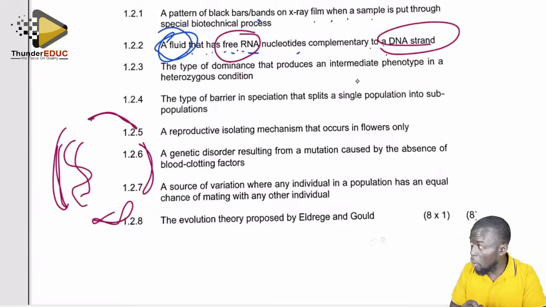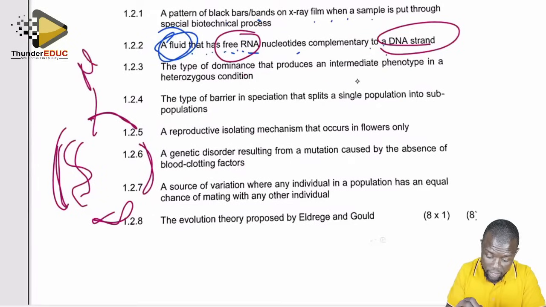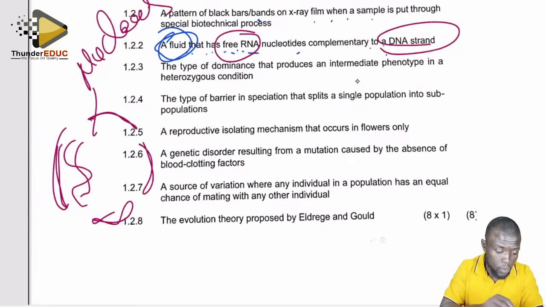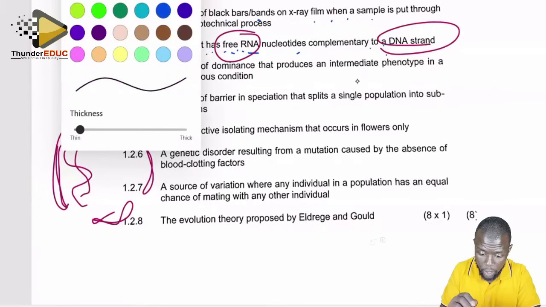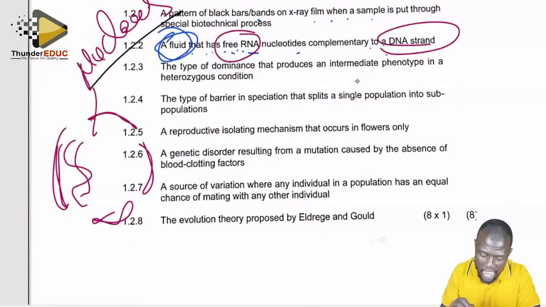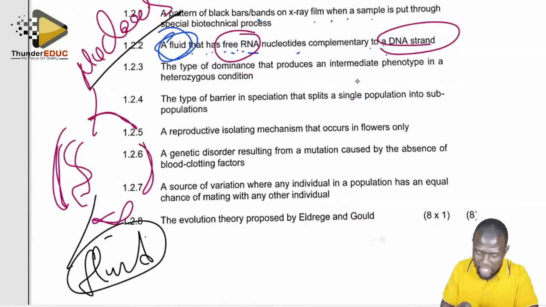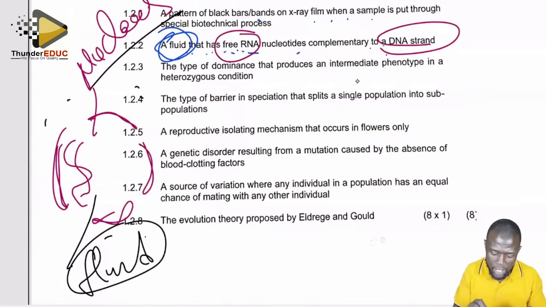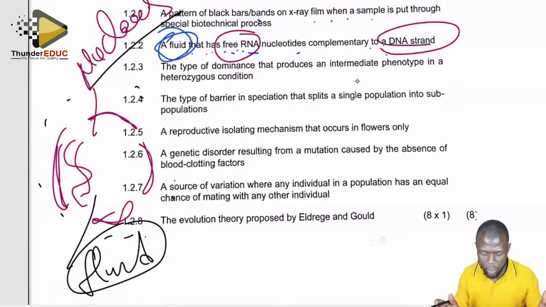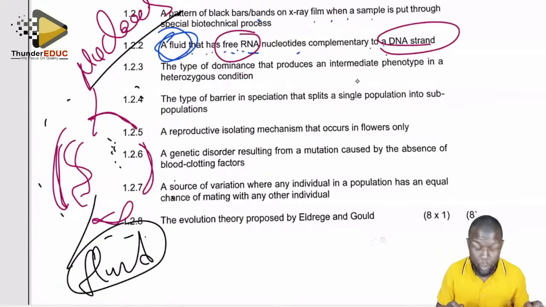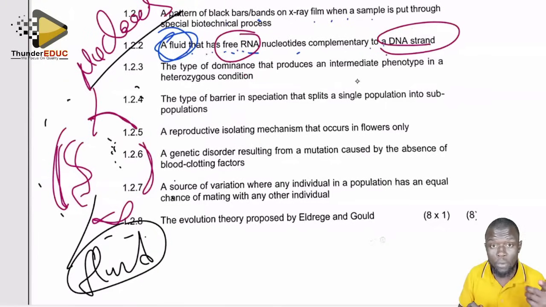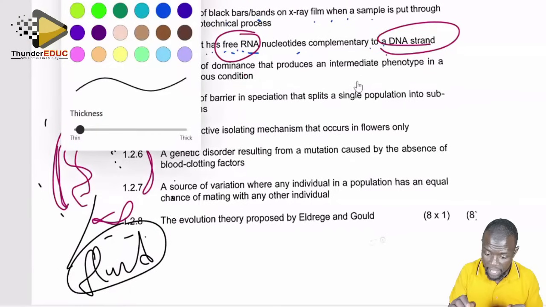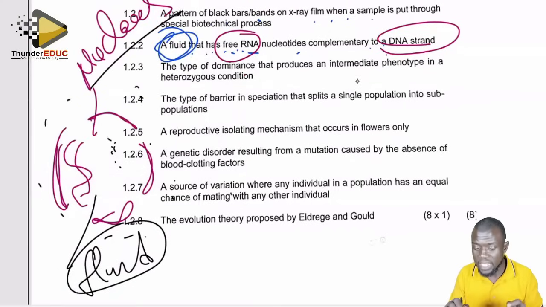So where is DNA found? DNA is found in the nucleus. So how do we call the fluid inside the nucleus? The one outside, we call cytoplasm, the fluid of the cell. The one found inside, we call nucleoplasm, the fluid of the nucleus. So the most correct answer here is nucleoplasm.